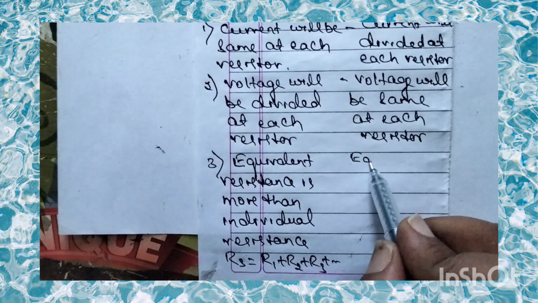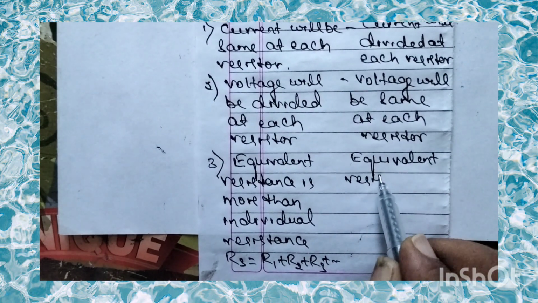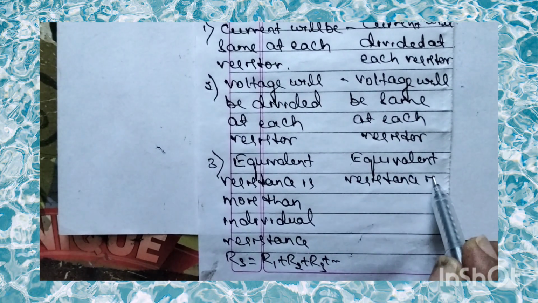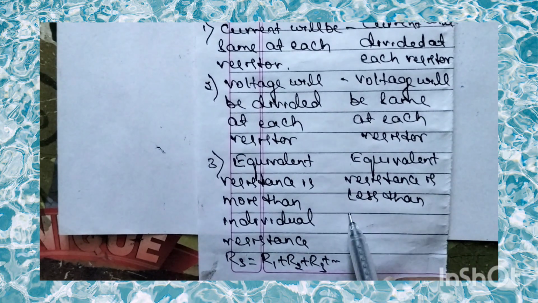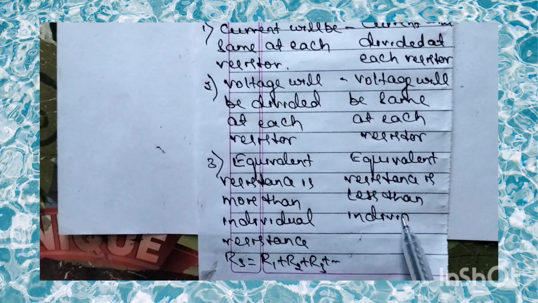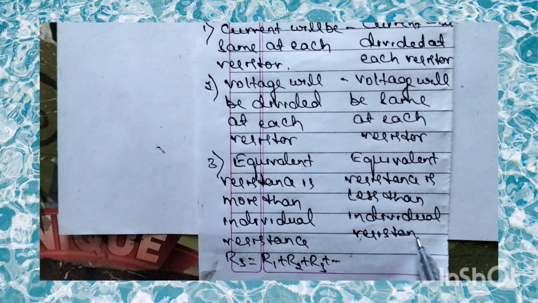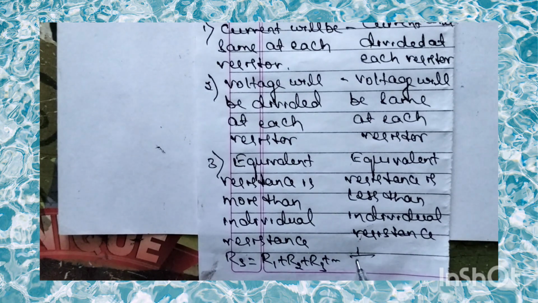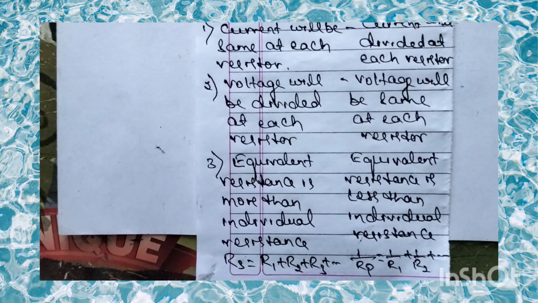Then coming to parallel, equivalent resistance is less than individual resistance. So therefore 1 over Rp is equal to 1 over R1 plus 1 over R2 plus so on. So these are the three differences between series connection and parallel connection.